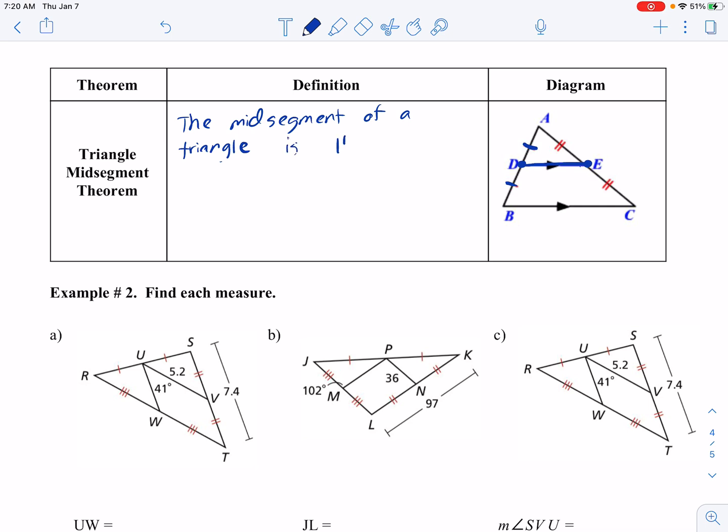It's parallel to a side of the triangle, the side that it's not touching. Parallel segments do not intersect. And its length is half the size.